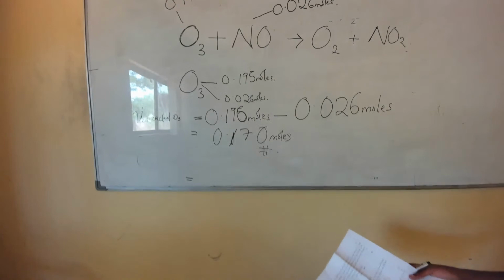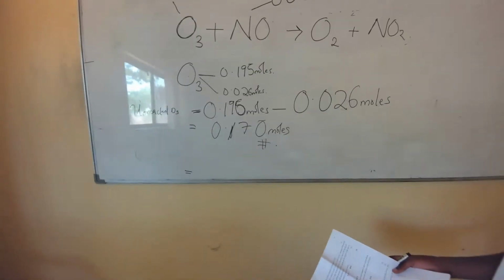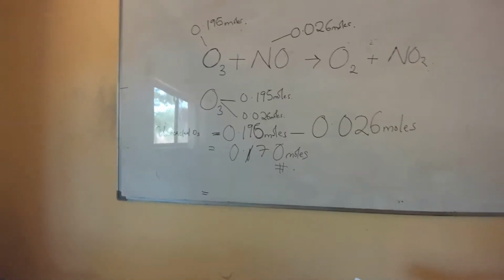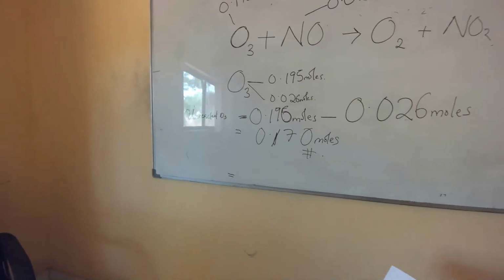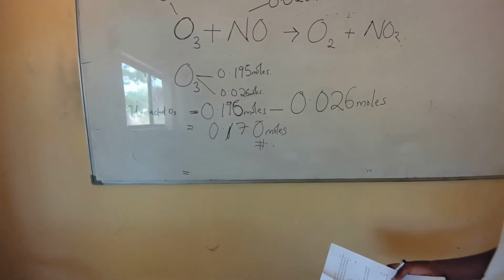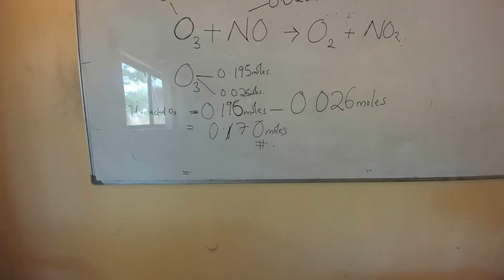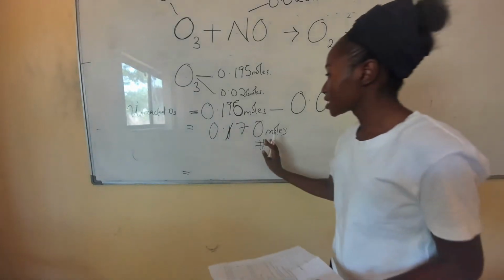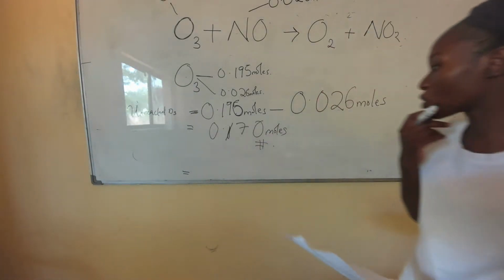Okay, so we have the number of moles that was unreacted, or the number of moles that was in excess for the ozone, which was O3.